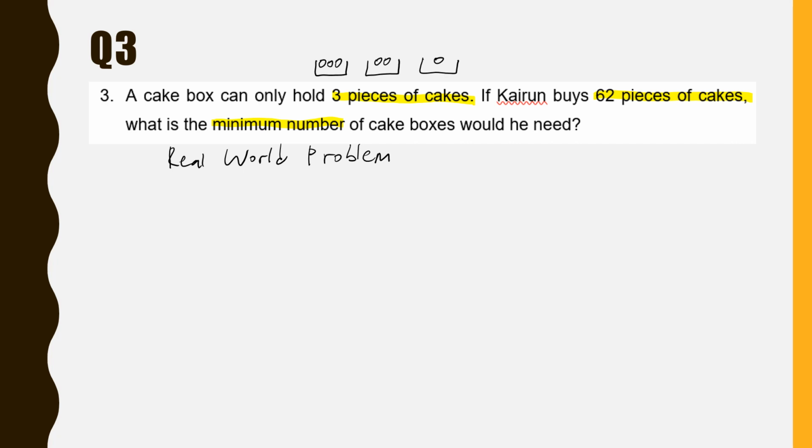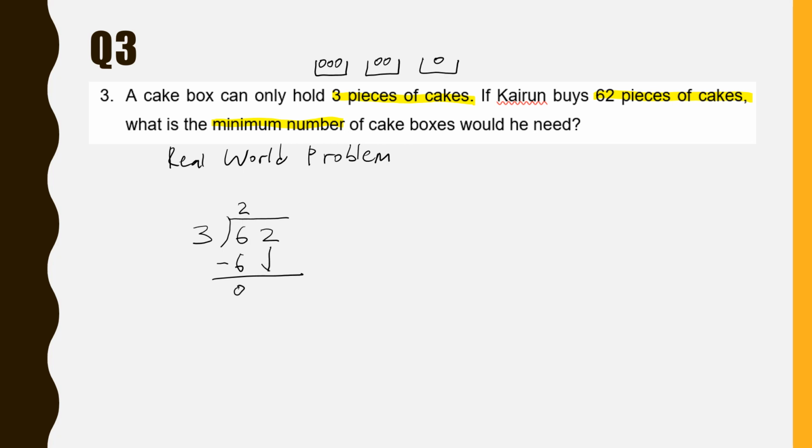So I'm going to do the working now. 62 is the given total. This will be the dividend, divided by 3, the maximum number of cakes in each box. Now, you will solve this problem using what you have learned previously. Sorry, I made a mistake. Okay, and then you get 0 here.